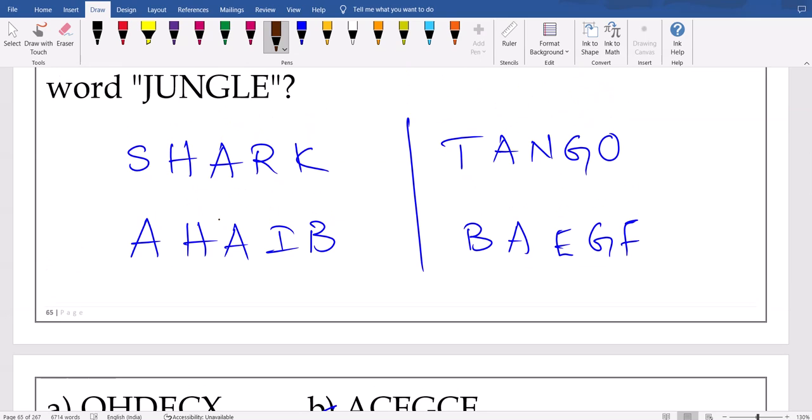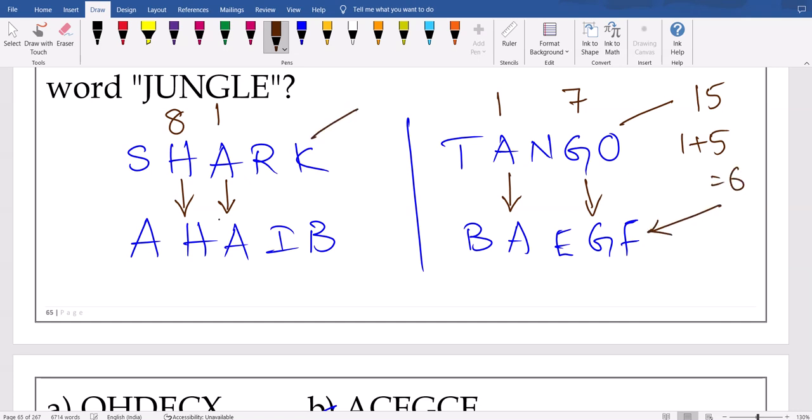Single digit, right? So it will be the same. A is single digit, so it stays the same. G, single digit, same thing. What about O? 15. What is 1 plus 5? That is F.